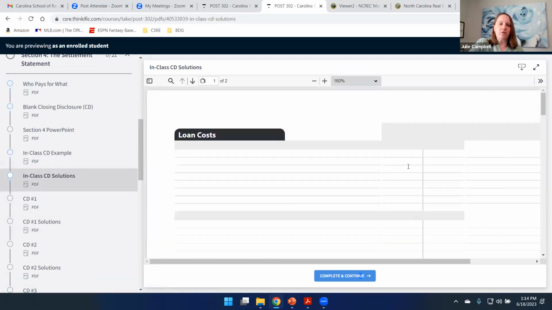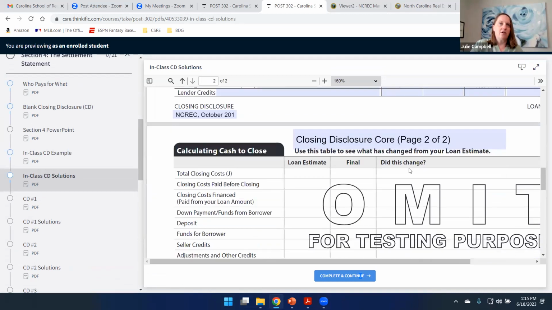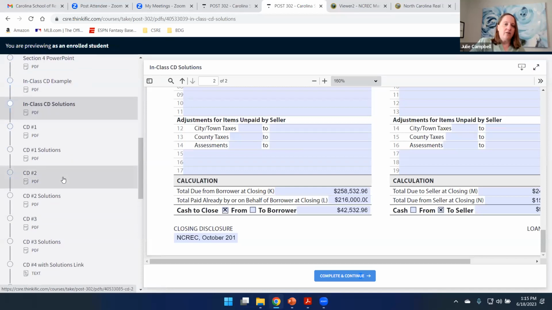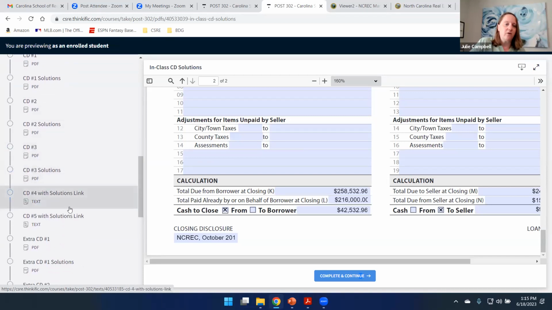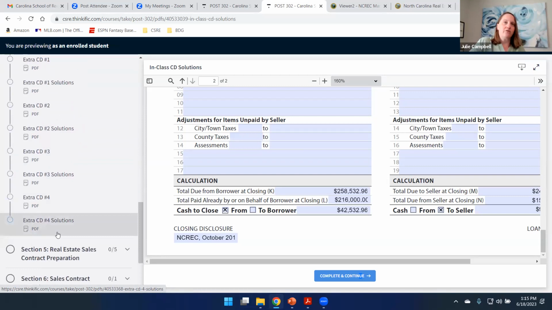And then, of course, we've included a completed closing disclosure as well, and we recorded it, so you can go back through at your own pace, if you will. Also in the online learning system, there's CD1 with solutions, CD2 with solutions, 3 and 4, 5, extra CD1 through 4. So you guys got lots of practice in here.